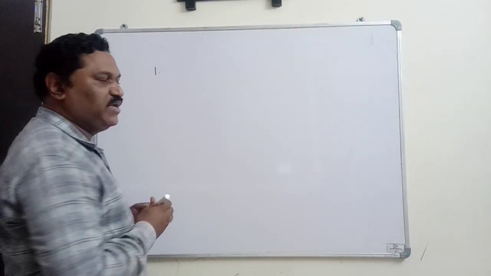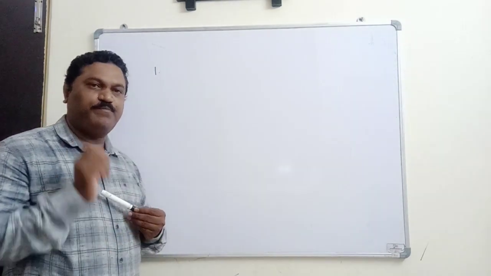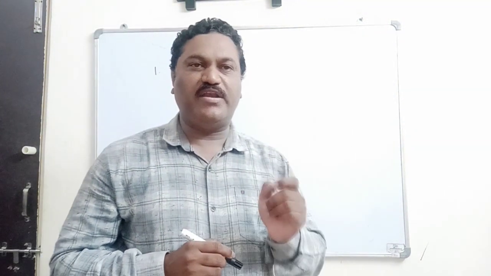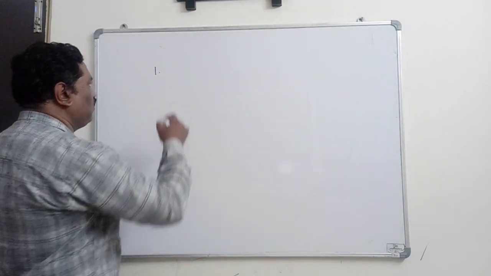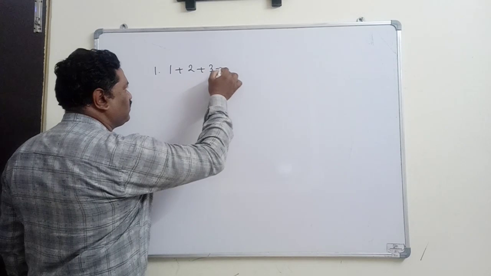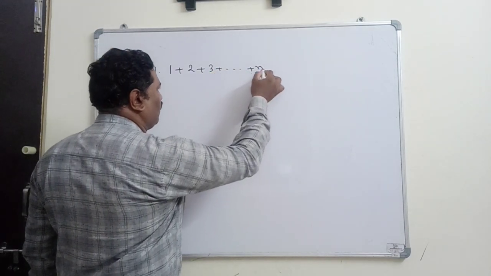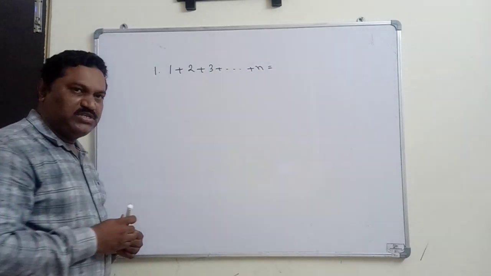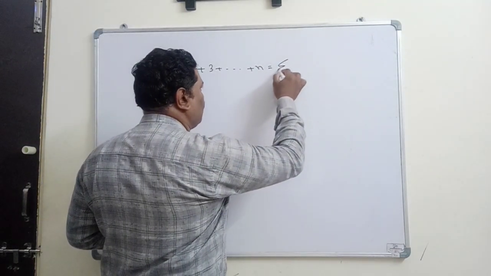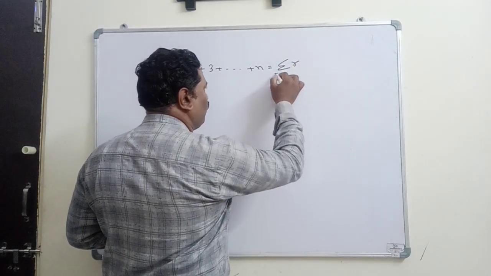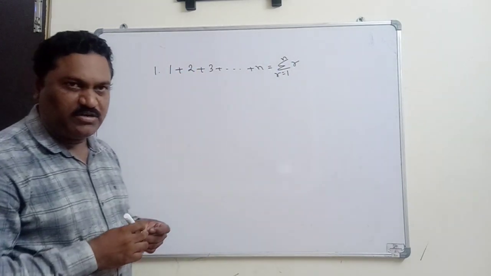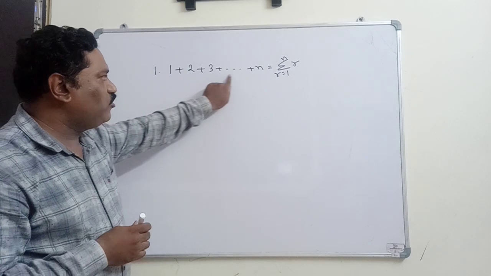The first formula is the sum of the first n natural numbers, that is 1 plus 2 plus 3 plus and so on up to n. This entire summation we can represent as sigma r, where r varies from 1 to n, because these numbers are going to vary.